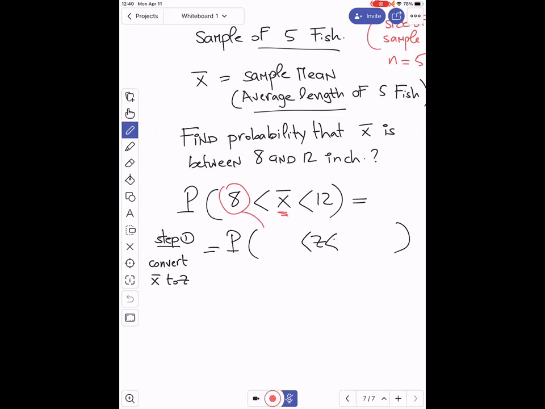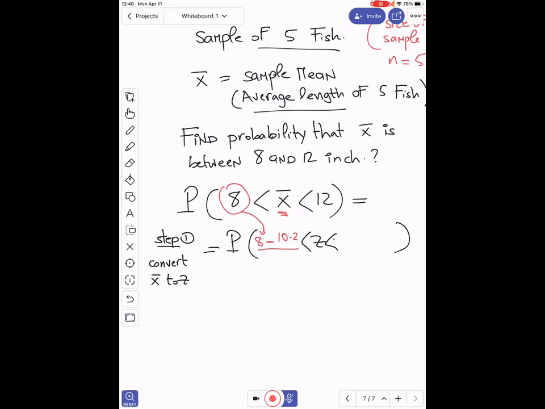The way to do that is we take 8 minus the mean. The mean of the x bar distribution is the same as the mean of the x distribution, which is 10.2 inches. However, when we divide, we're supposed to divide by the standard deviation of the distribution of x bar, not of x, because our variable here is x bar.